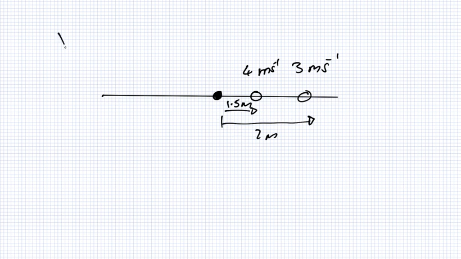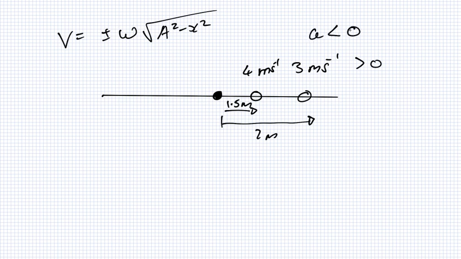So using our formula, v equals plus or minus omega root a squared minus x squared. In both cases we can take these as positives, and the accelerations will be negative since it's slowing down. So we can say 4 equals omega root a squared, which we don't know, minus 1.5 squared.